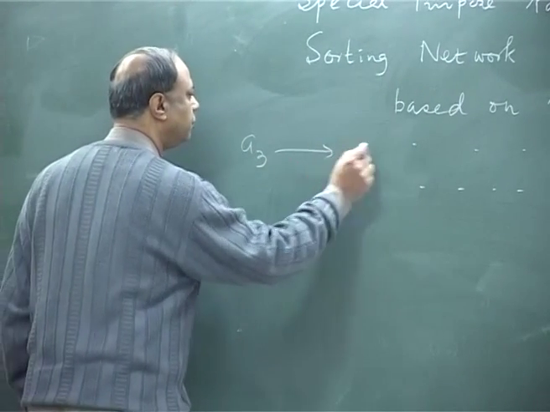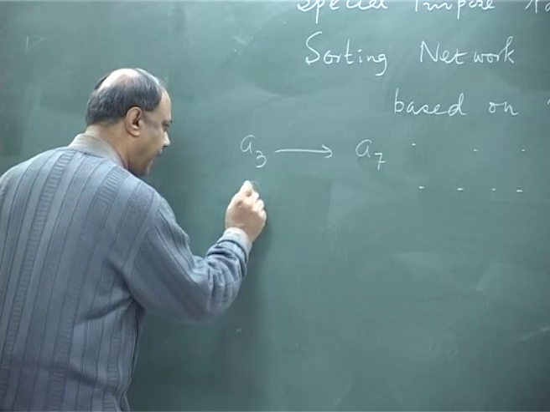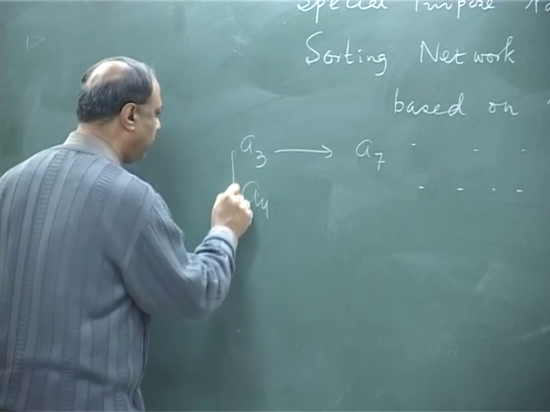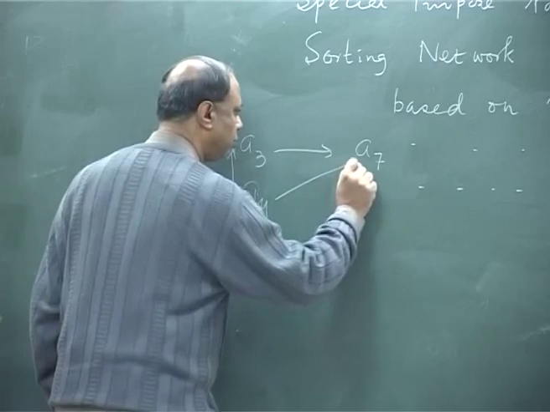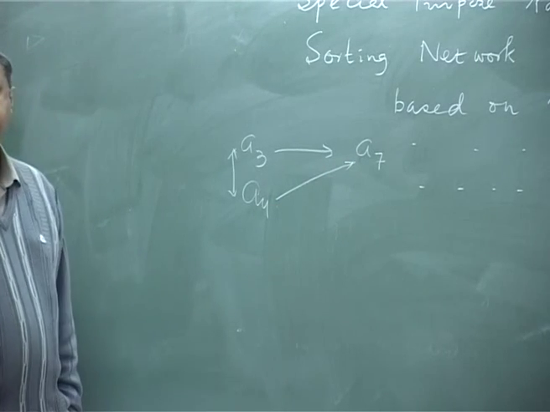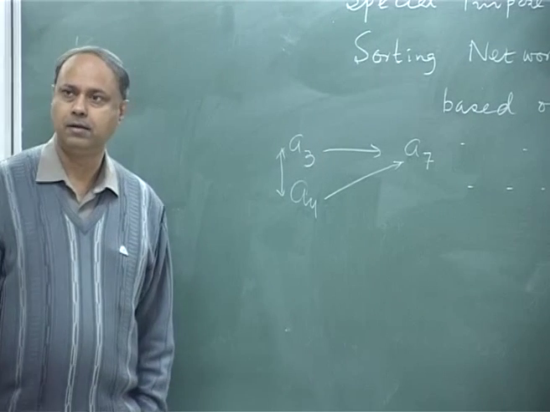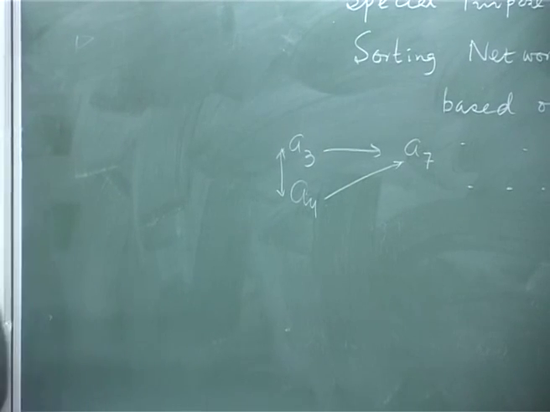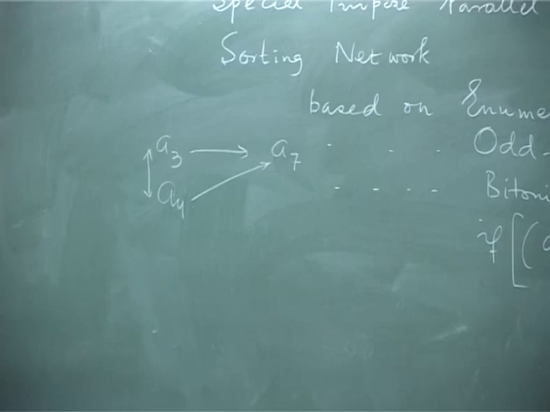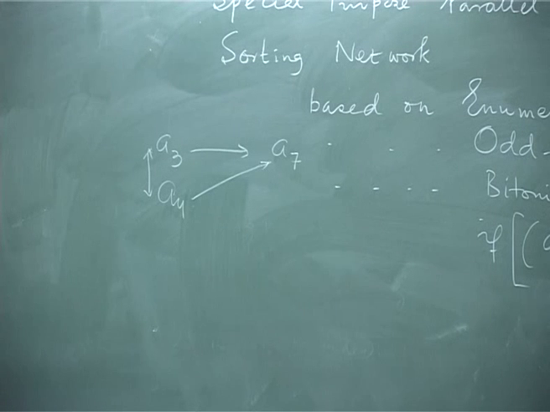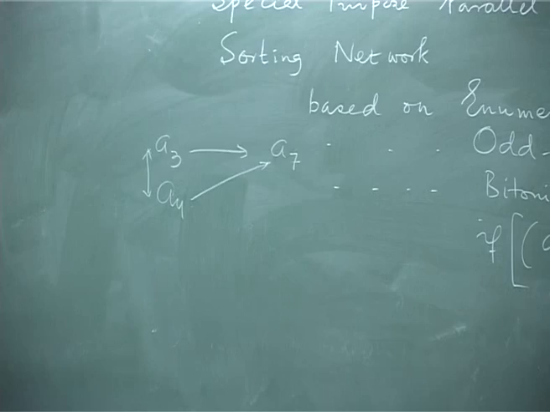A3 should move to A7 position, and A4 should also move to A7. What are you going to do? In that case A7 equals A4, because we have moved A3 to A7. So we will increase the rank by 1. Whose rank? A4's. And then move it to A8.